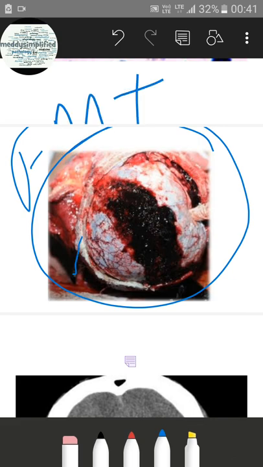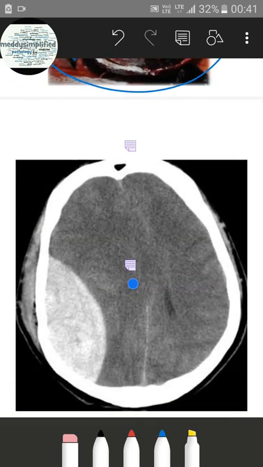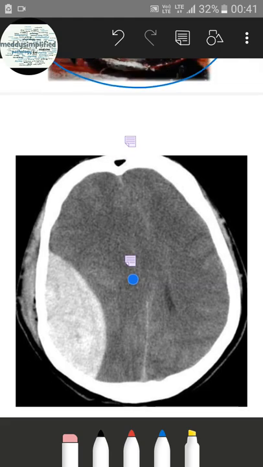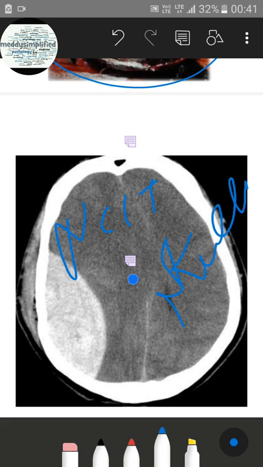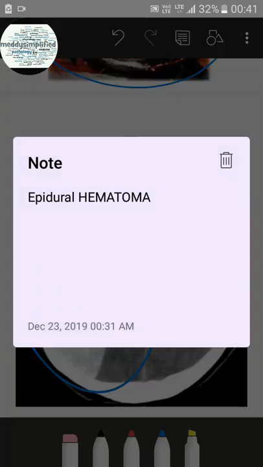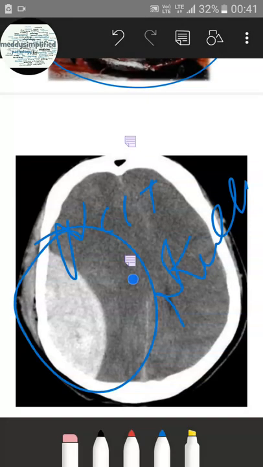And a similar thing was given on an NCCT of head, NCCT of skull, and the same answer for both questions was epidural hematoma.